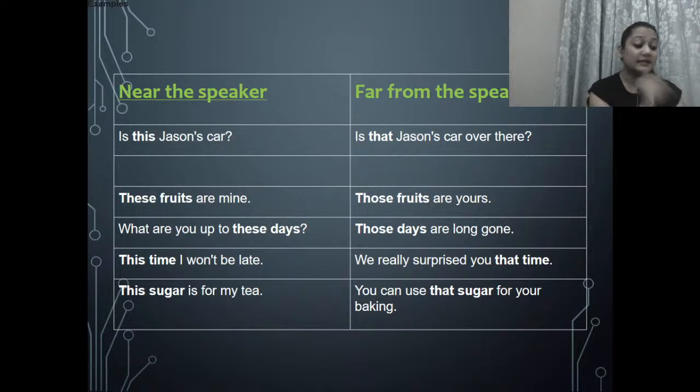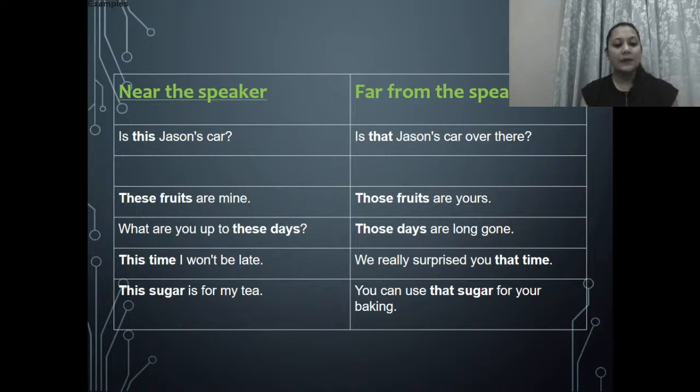So I will say these fruits are mine. For example, I am sitting on a couch and on the dining table there is a basket of fruits. I will say "those" because they are far from me. Those fruits are yours. Make sense? Okay.